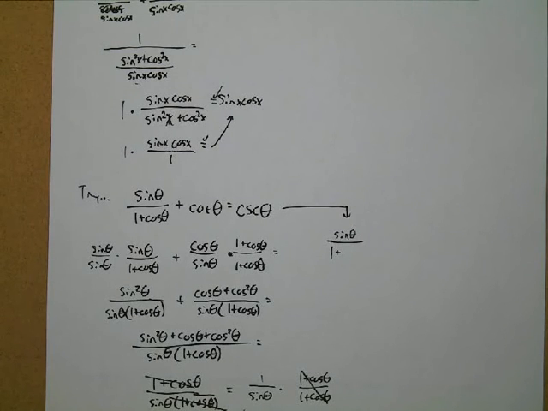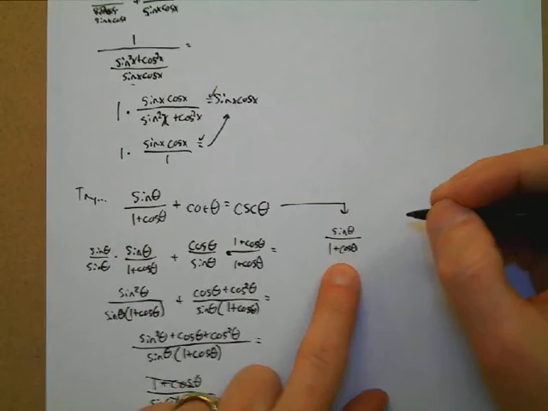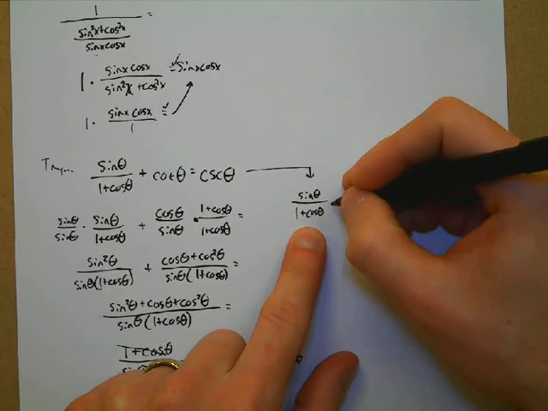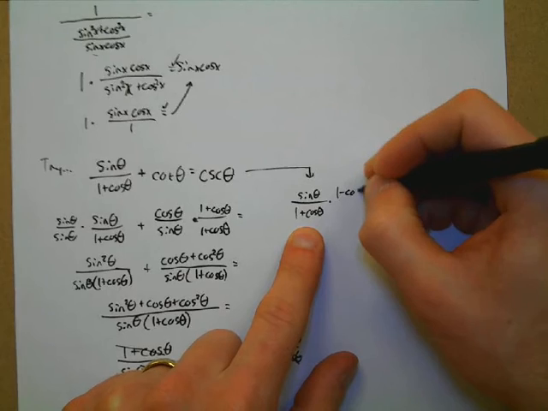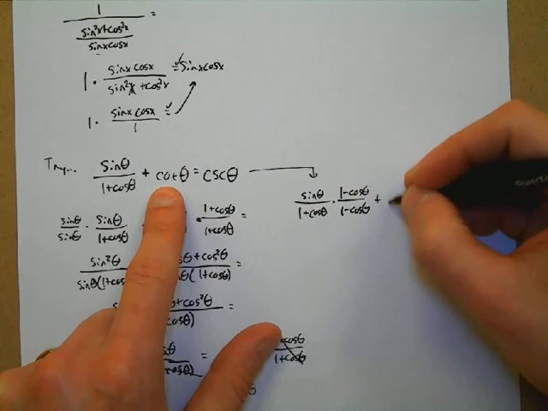Well, I'm going to leave it undistributed for right now. 1 plus cosine theta times 1 minus cosine theta is going to be what? What's this product going to be here? It's a plus b times a minus b. Difference of squares, yeah. So it's going to be 1 minus cosine squared theta.